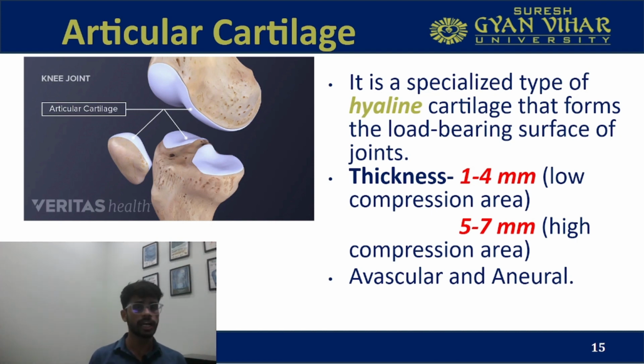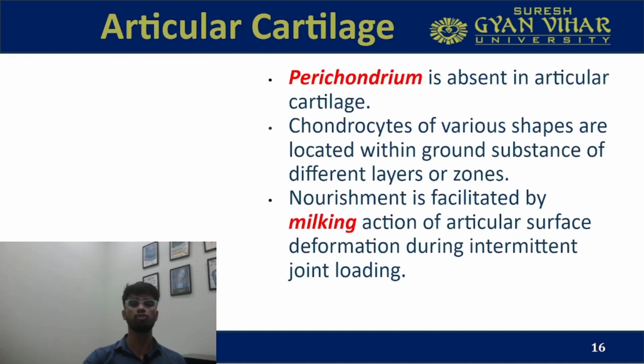These articular cartilages are also avascular and aneural, which means there is no blood supply and no nerve supply to them, which makes it very hard for them to heal. So remember these two things for articular cartilage. There is one more thing we must know: in all the cartilages there is a layer called the perichondrium, which is absent in articular cartilage.